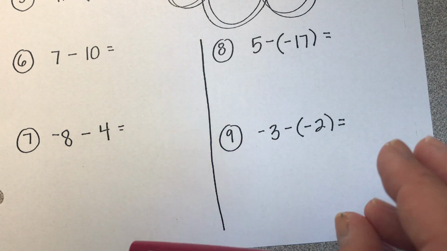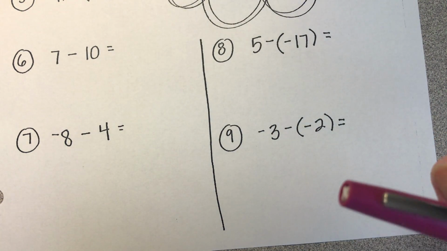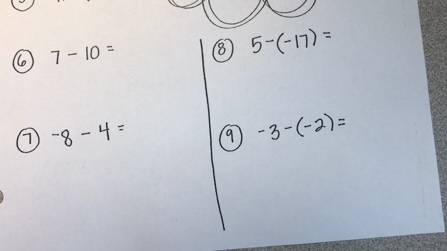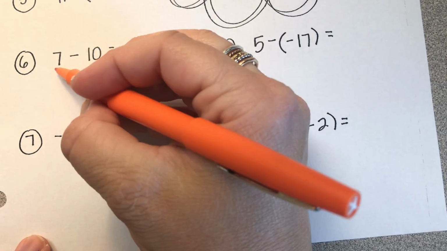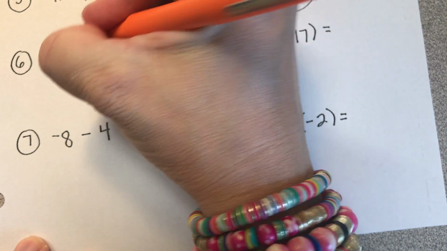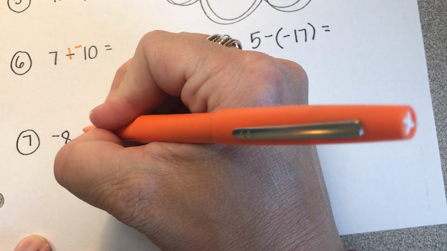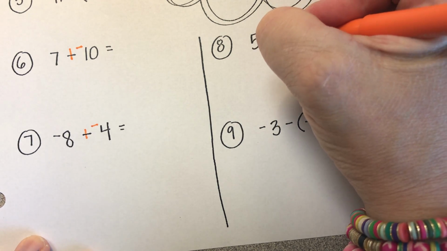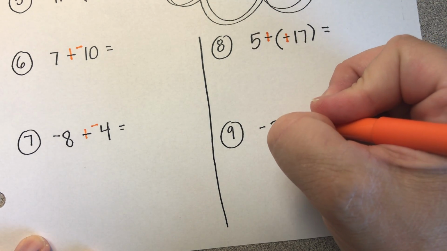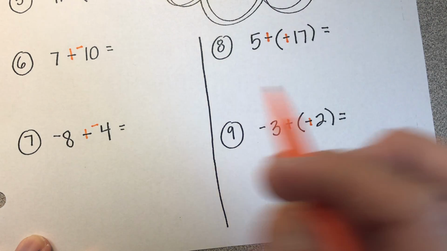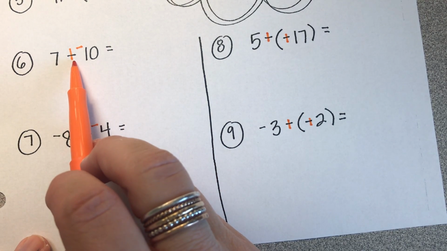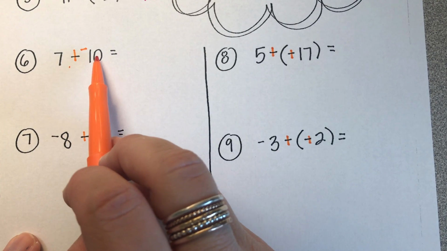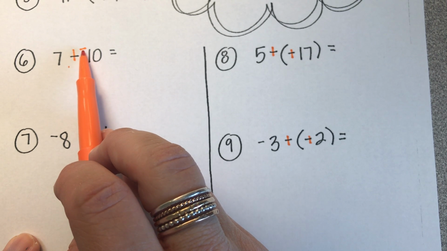Subtraction can be a little bit where people kind of lose their mind a little bit. And what we're going to do for subtraction every single time is we're going to keep, change. Keep, change. Okay, we're changing our subtraction sign to addition, and then because this was positive, I made it negative.